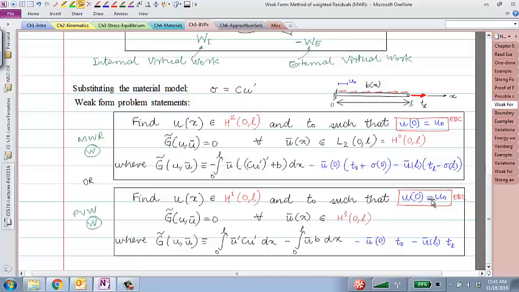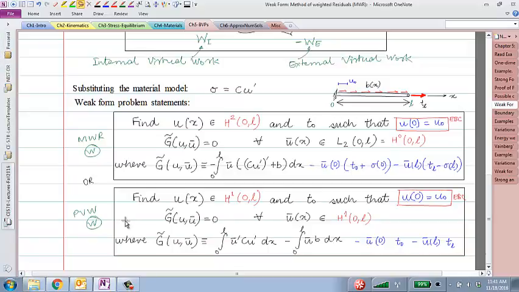And of course, we removed one derivative requirement here, but we added a derivative requirement here on the virtual displacement. So now the real and the virtual displacement can be picked from the same space of functions, but in addition, the real displacement has this requirement. So both of these statements are equivalent.